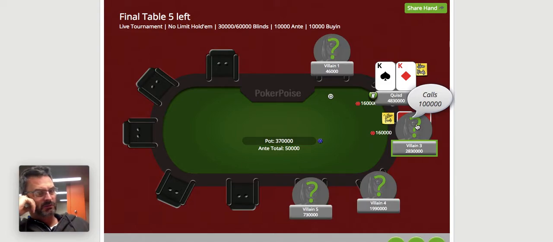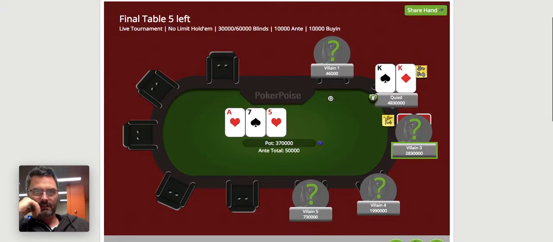I would assume that they would raise with any pair, or a 3-bet, maybe any pair. 3-bet with ace-king possibly, ace-queen possibly, ace-jack. I don't know. An ace in their hand, or a pair, would make this a really interesting position to potentially 3-bet. So remember that, right? He doesn't 3-bet.